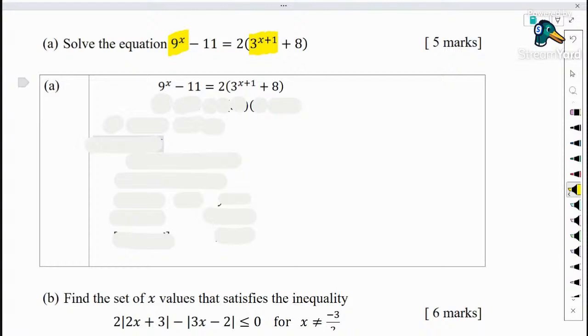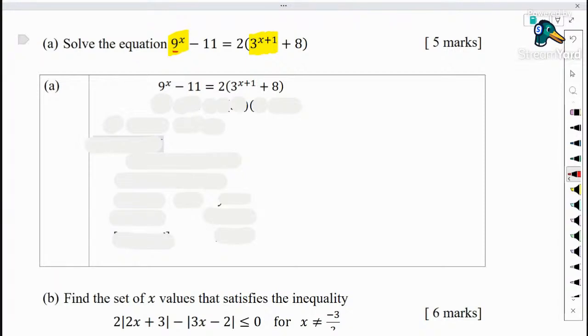When you identify the indices terms, and you realize the base number is not the same, the first thing that comes to mind is, is it possible to change them to the same base number? The clue usually is something like this. We try to change it to the same base number if possible. And then later we further think what other strategies we can use in order to solve the question.